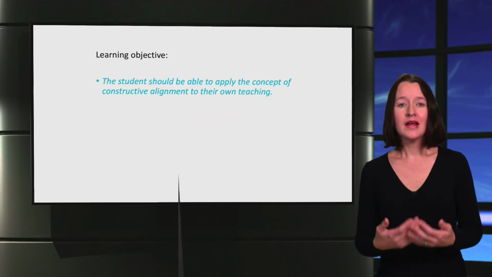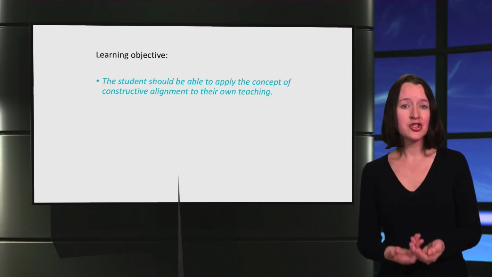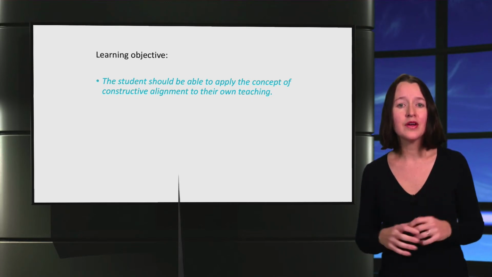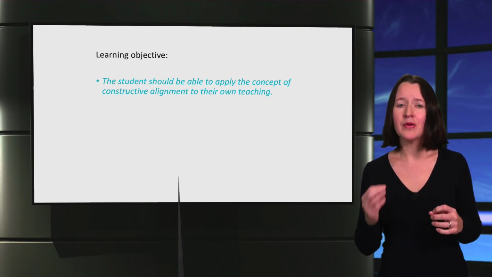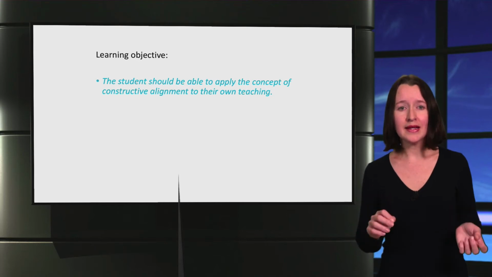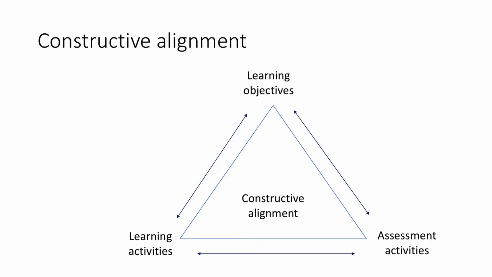For instance, if my learning objective is that students should be able to apply the concept of constructive alignment to their own teaching, it should be linked to an assessment task, like the submission of an assignment that shows how the student is applying constructive alignment to their teaching, and a resource on what constructive alignment is, how to create good learning objectives, and aligned assessment tasks.